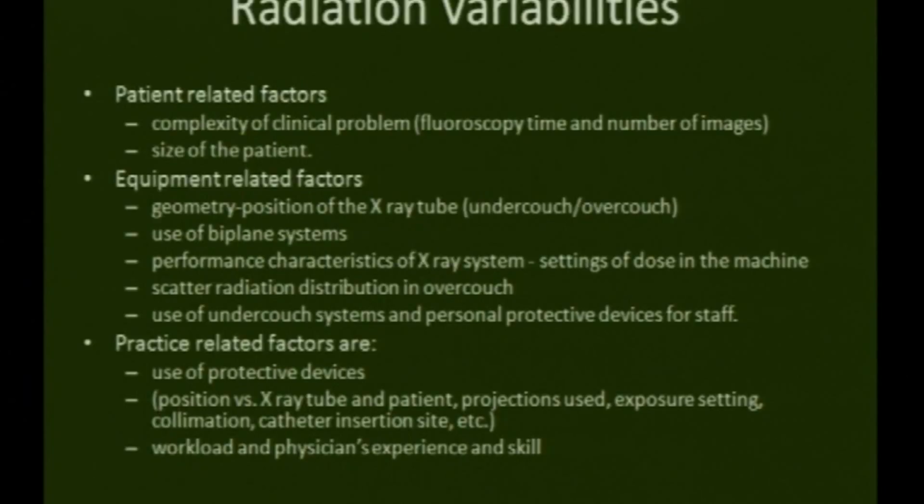So where are the variables? I did mention the intensity, what the person's eyes were like before, the use of protection, biplane systems, position of the X-ray tube, and the amount of scatter radiation, and whether the radiation delivery system is under or above the operating table.